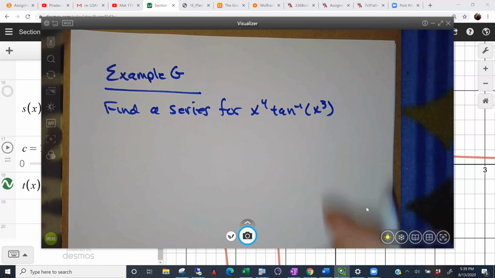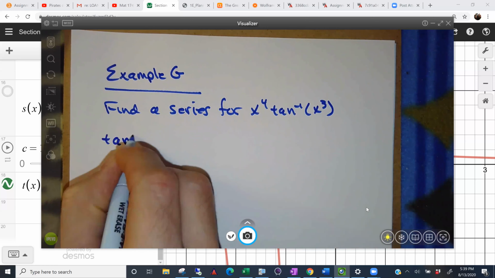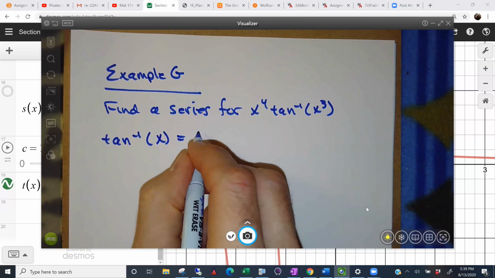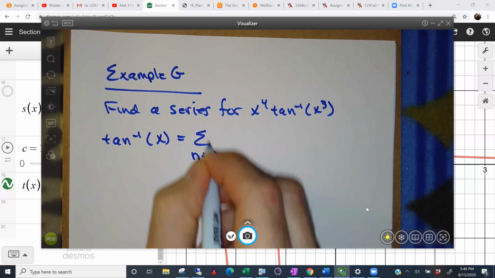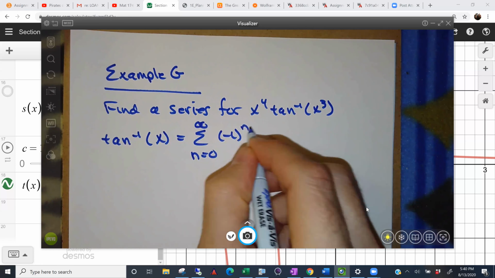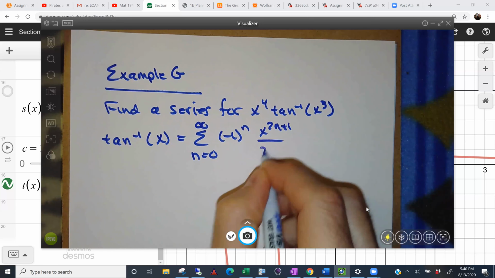Well, in case you shut off the video for a while and walked away and lost your place a little bit, let me remind you that earlier we derived this series for the arctan: sum from n equals 0 to infinity, -1 to the nth power times x to the 2n plus 1 over 2n plus 1.